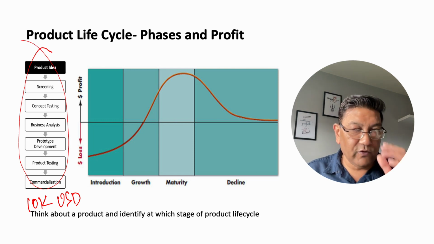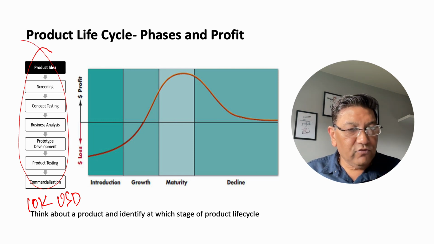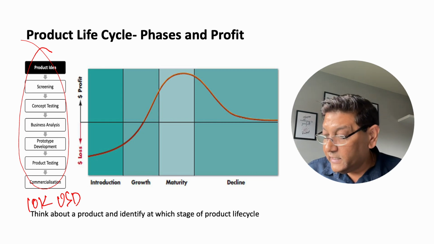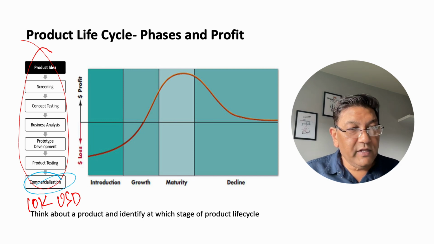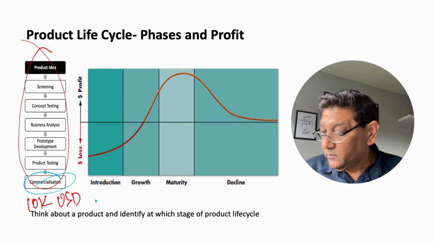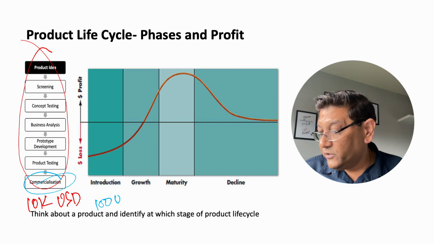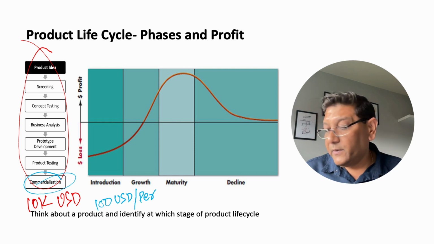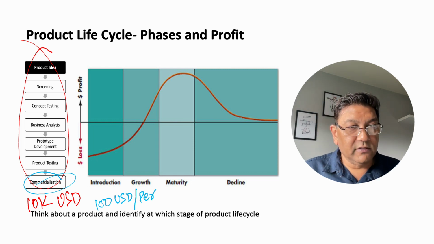That is research and development. Now, once we come up with a product and we start commercialization of that product, we come up with a product selling price of 100 US dollars per product.